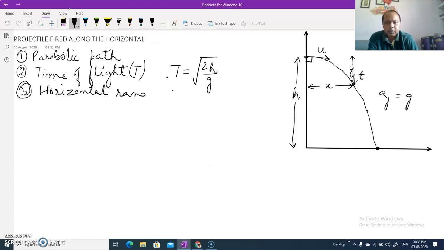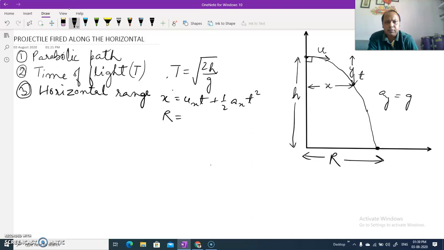Now to understand the concept of this horizontal range, let it be given by r, the maximum distance traveled in the horizontal direction. So along x-axis the displacement is x is equal to uxt plus half axt square, right? So the value of x, which is the distance in the horizontal direction, will be given by r.